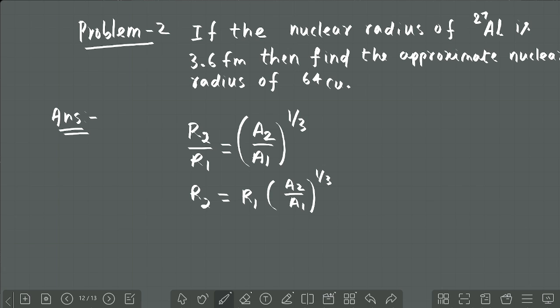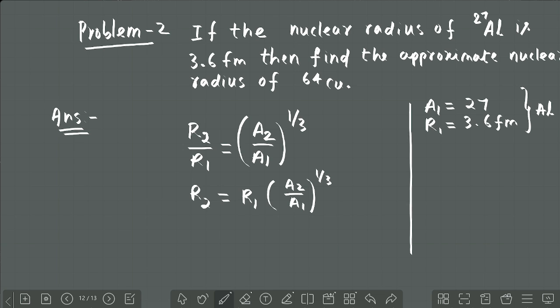Now what is R1, R2? Check the question and take here. R1 you consider 3.6 fermi, for aluminum, and A1 is 27, this is for aluminum. Next, for A2 take 64, and R2 you don't know, you have to find it.